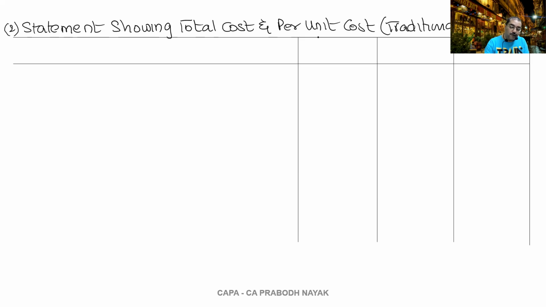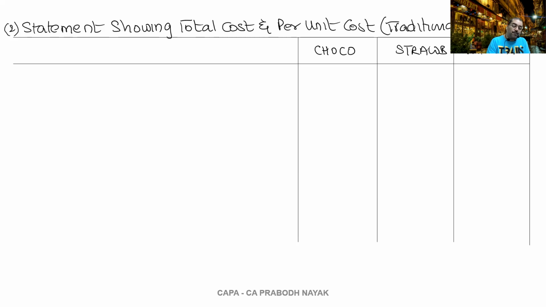They want both from us, total cost as well as the per unit cost. The first question asked only target cost for each product per unit. The second and third questions ask total cost and per unit cost. So in both we have to give total and per unit figures.